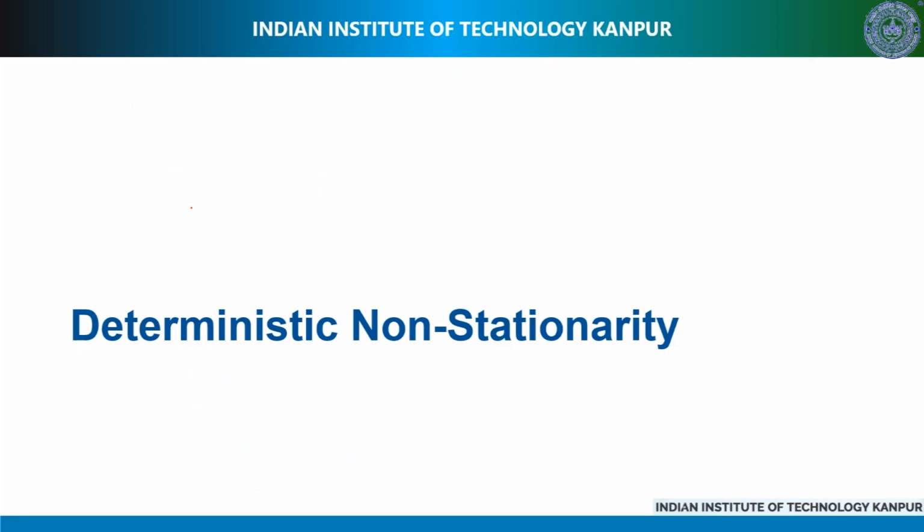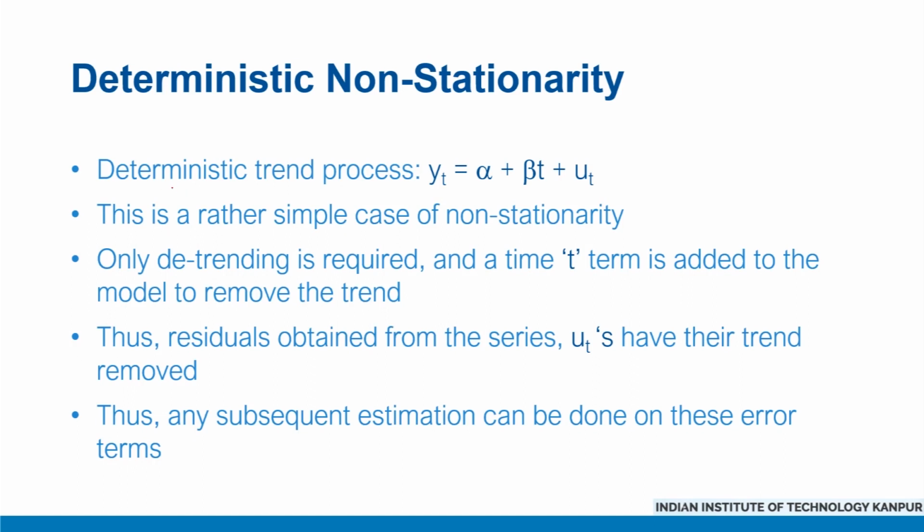In this video, we'll discuss deterministic non-stationarity and how to tackle it. Recall that a deterministic trend process appears like this, where yt is a function of the time trend t. This is a rather simple case of non-stationarity, because all that is required is detrending. You model yt with the time trend t, and once you model out the trend, you find the coefficient beta and constant term alpha.